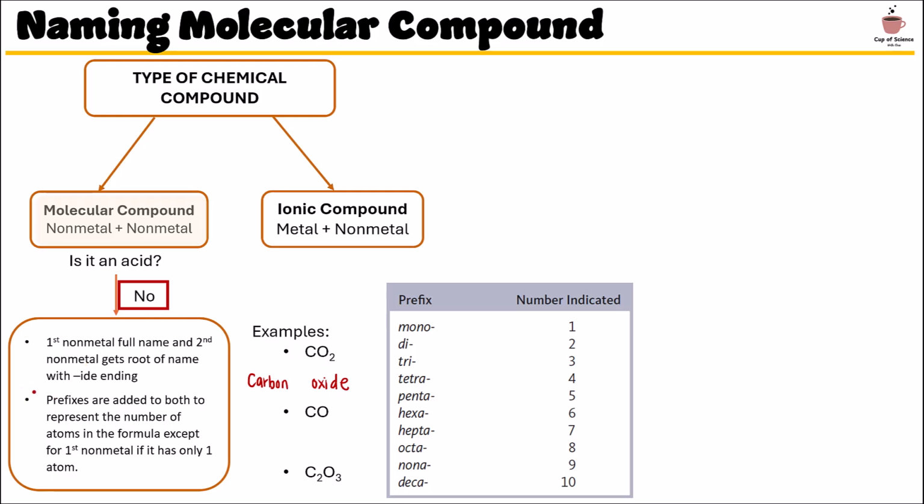Now, the second rule says prefixes are added to both to represent the number of atoms in the formula, except for the first nonmetal if it only has one atom. What this means is you're going to look at these prefixes on the right. Mono, di, tri, tetra, penta, all the way up to deca, 10. So for this oxygen, to indicate that there's two oxygens, we would write carbon dioxide.